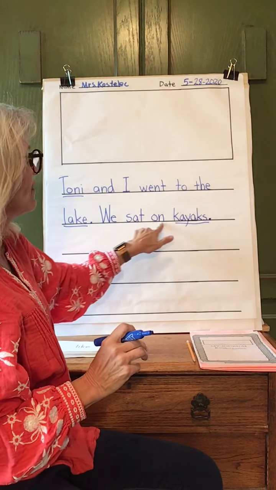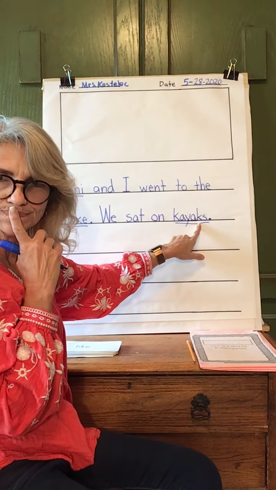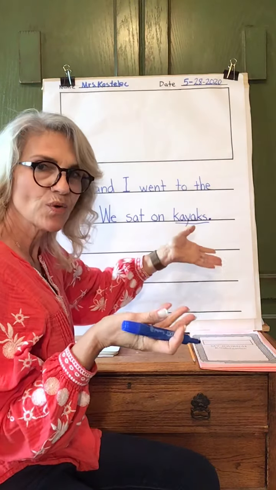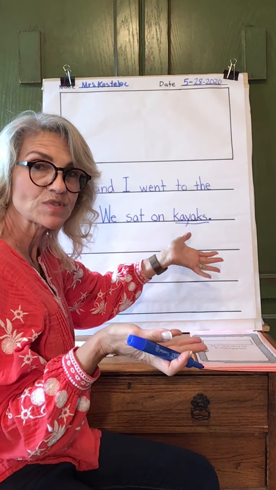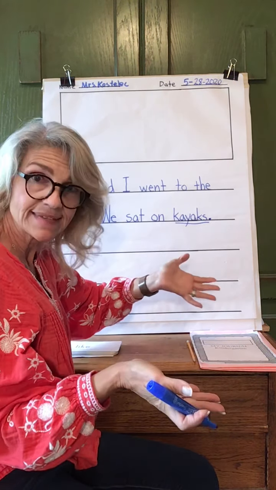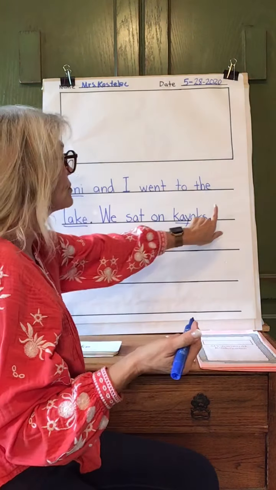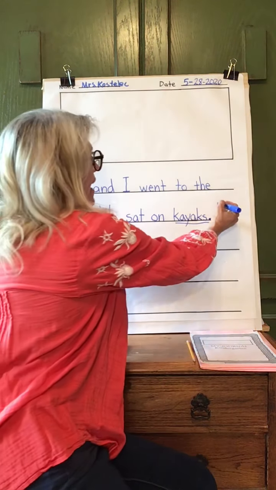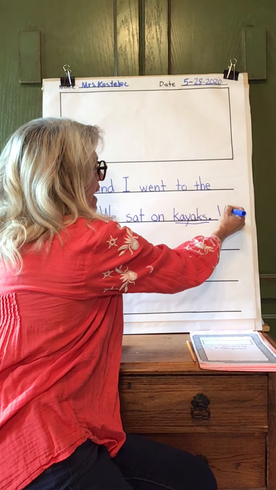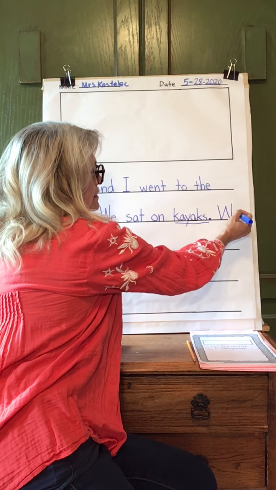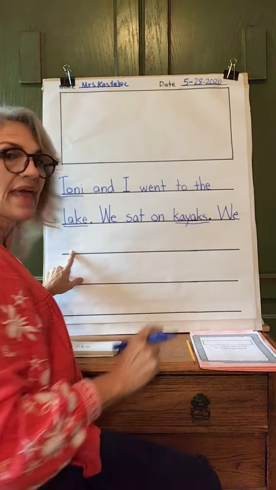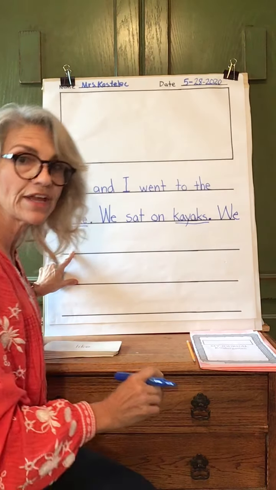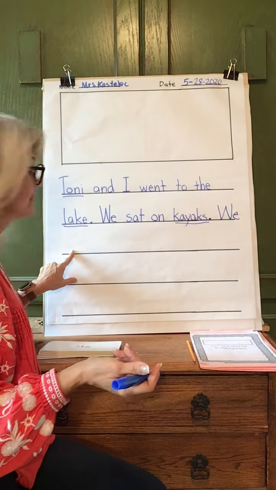So we sat on kayaks. When we go to the lake, a lot of times we see some amazing critters. So I'm going to do spaceman, we, and you have to capitalize the W, we, and then we're going to come all the way over here, saw.